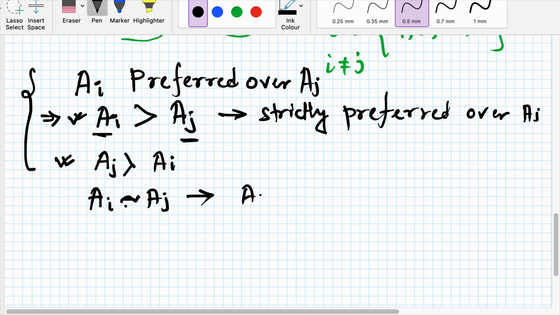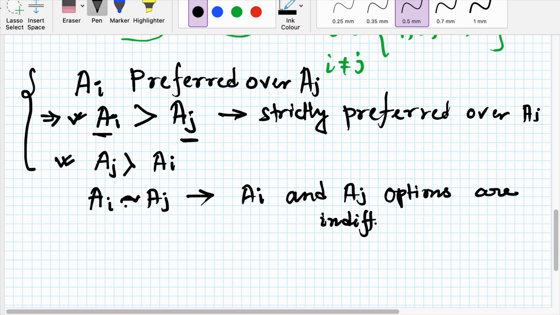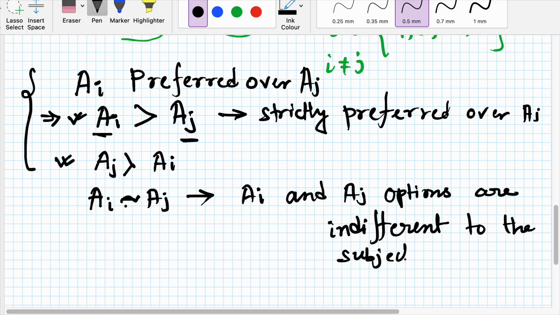So that means ai and aj are indifferent to the subject.